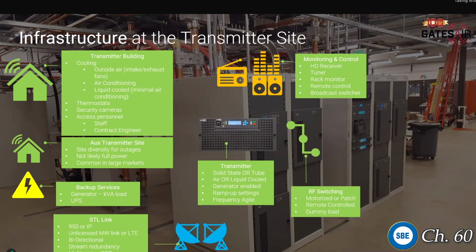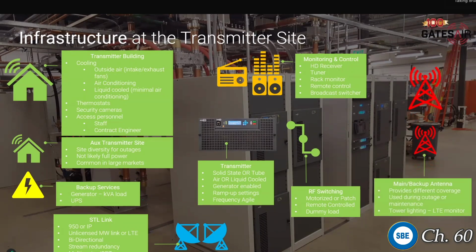There's going to be RF switching at the transmitter site. It's very popular these days to have motorized switches to switch between main and auxiliary transmitters, main and auxiliary antennas, and dummy loads. And we talked about main and backup antennas.